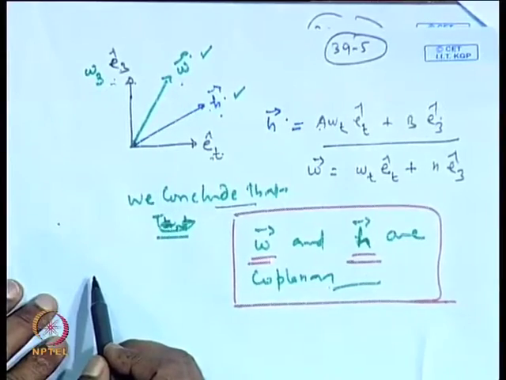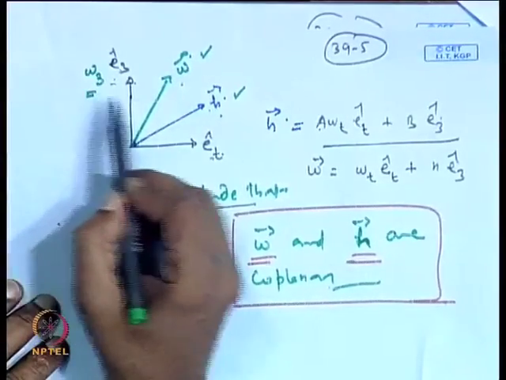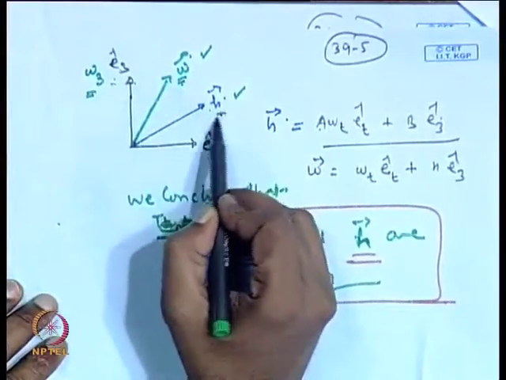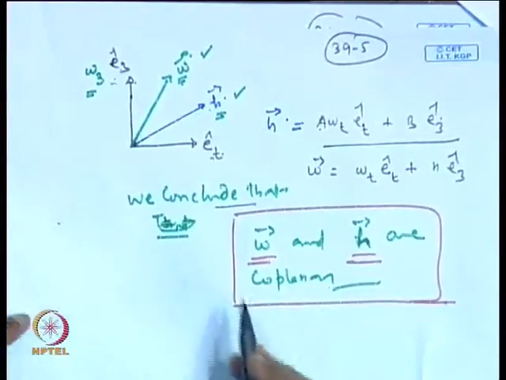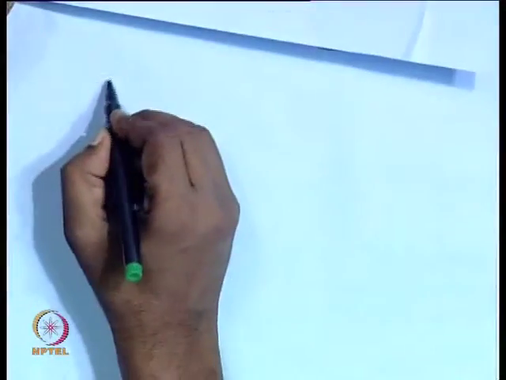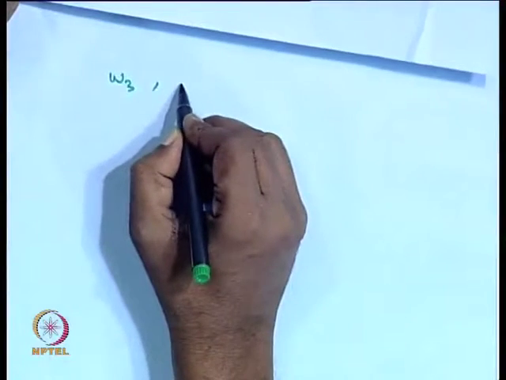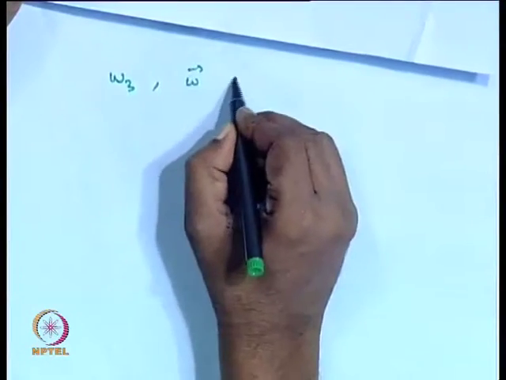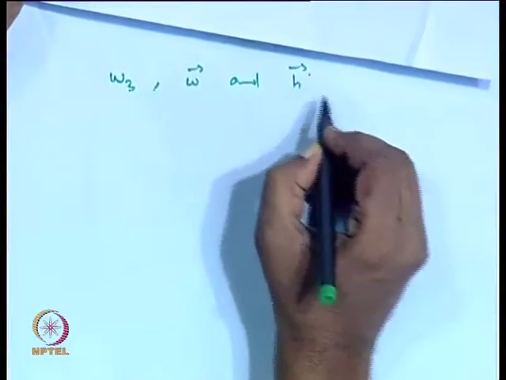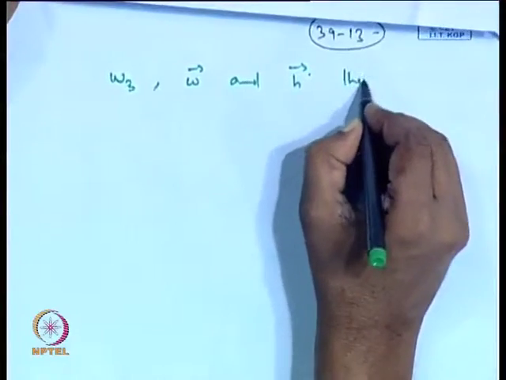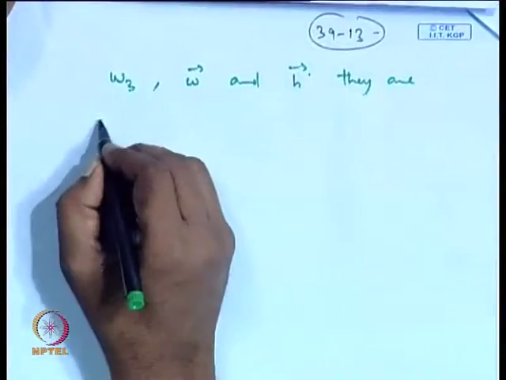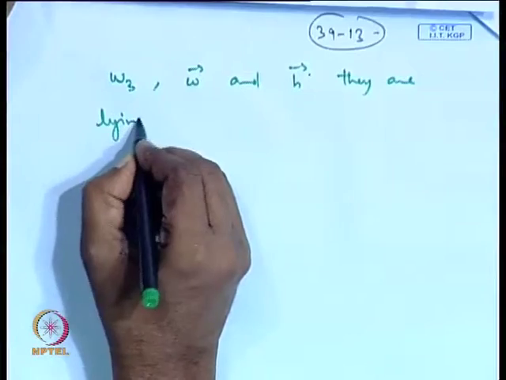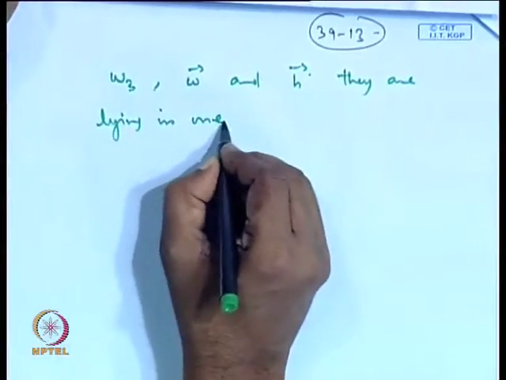So, this simply concludes that omega 3, omega and h, they will lie in the same plane. So, omega 3, omega and h, they are lying in one plane.